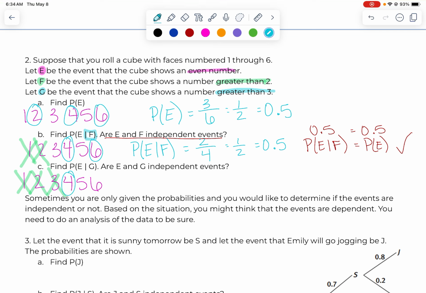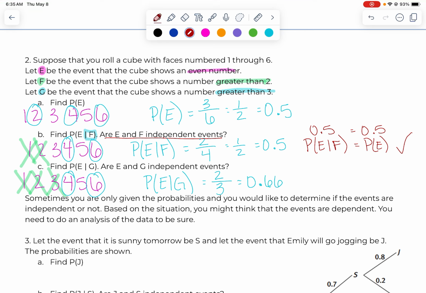So 4 and 6. So probability of E given G. There are 2 options that are even, and G leaves us with 3 options total, which gives us a decimal of 0.66.